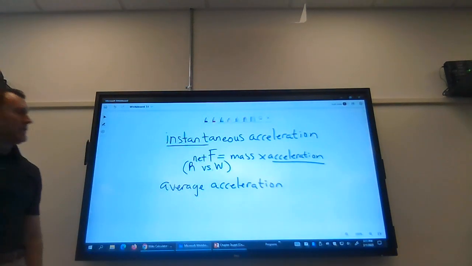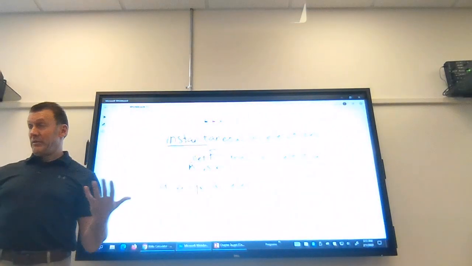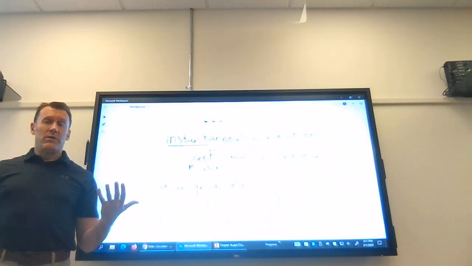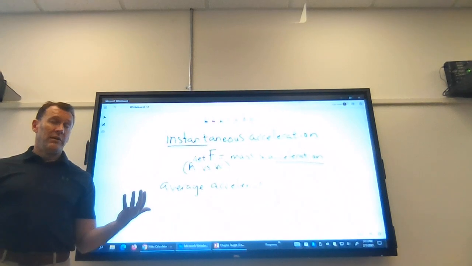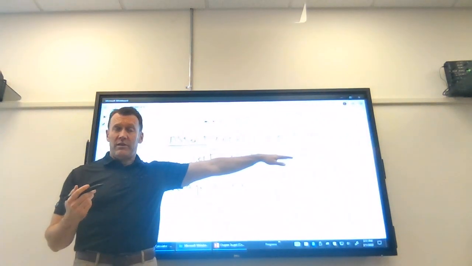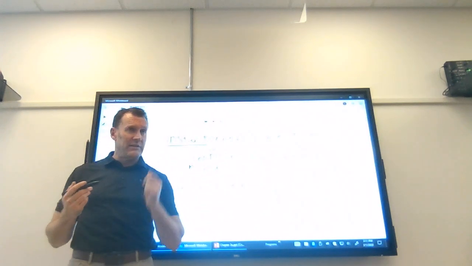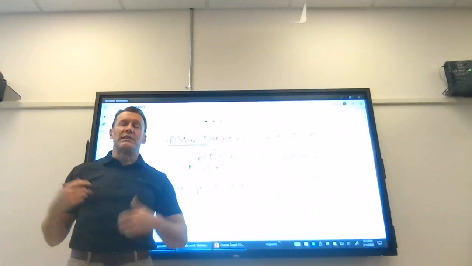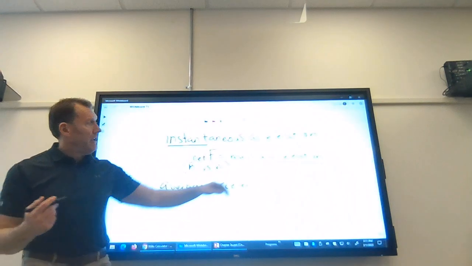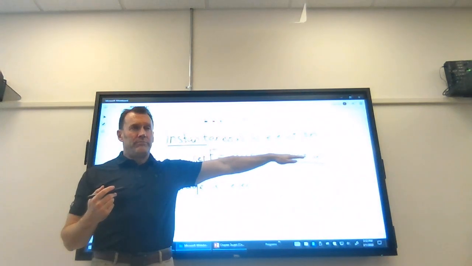So the instant either reactive force or weight is different, net force is no longer equal to 0. And if net force is no longer equal to 0, then you're going to have a change in the state of an object or body at that instant. So a change in the state of an object or body is a way of describing acceleration.